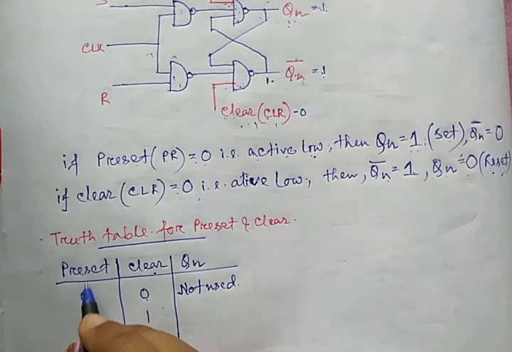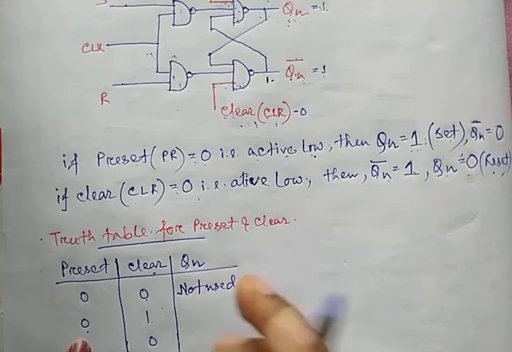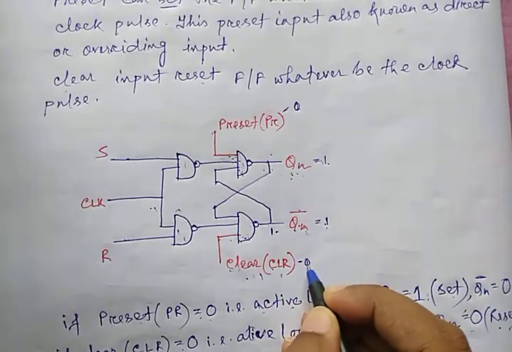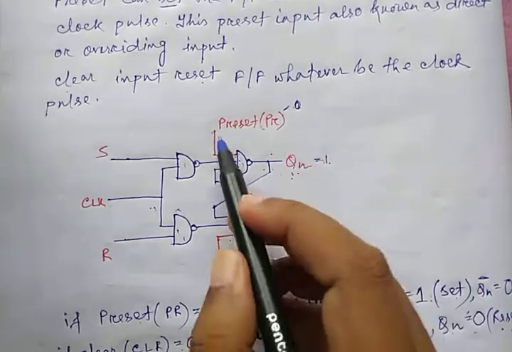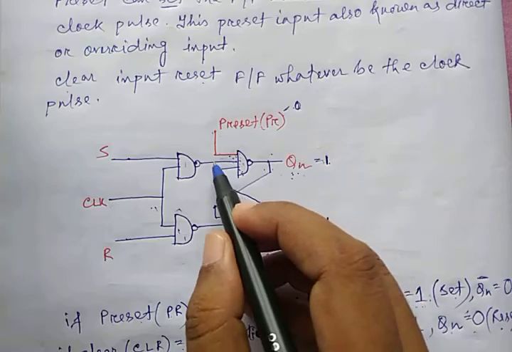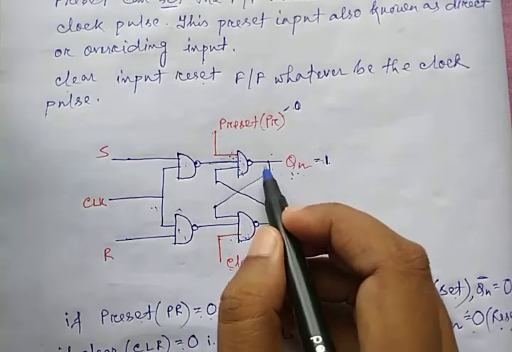In the next case, preset is 0, clear is 1. Preset 0 means we know that QN is 1, and whatever the value of the other two inputs does not matter.